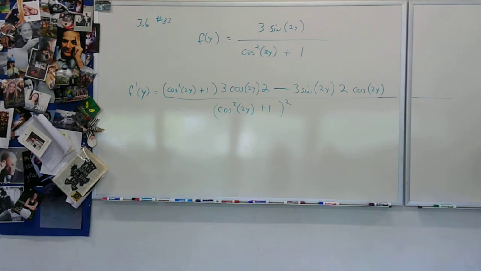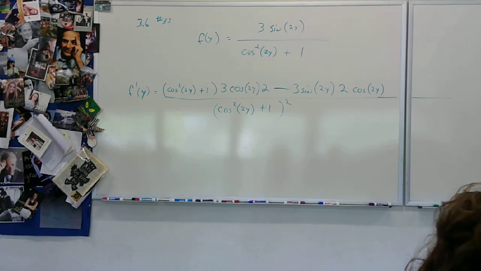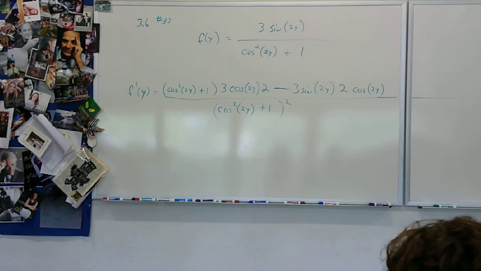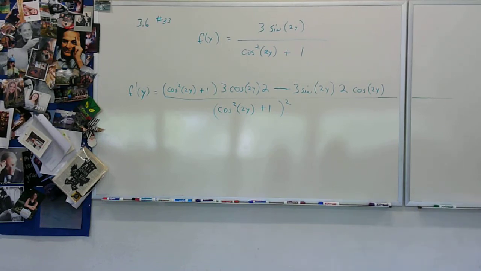So bring the 2 to the front. Write down the cosine 2y. It's now just the first power. But see how it's a big power rule? So you've got to take the derivative of that cosine 2y. And the derivative of cosine 2y is negative sine 2y times another 2.